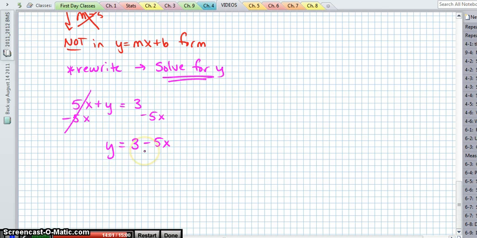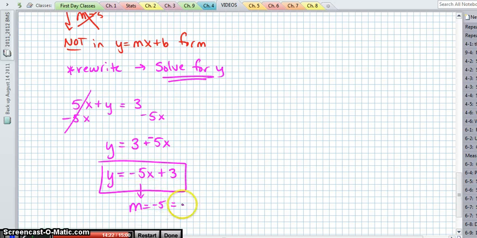And I'm still not in y equals mx plus b format, but I'm pretty close. I'm going to rewrite this as plus negative so that I recognize that my 5 is negative and not the 3. Then I'm going to use the commutative property and restate it as y equals negative 5x plus 3. My slope is negative 5, or negative 5 over 1, and my y-intercept is 0, 3. Then we could graph from here.